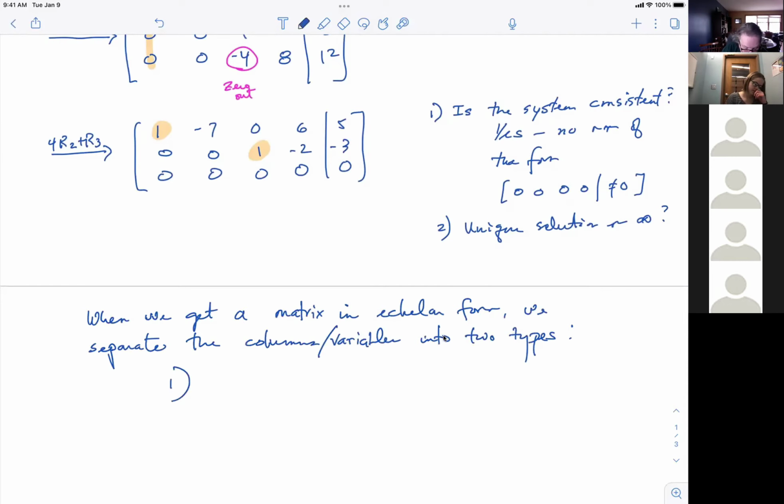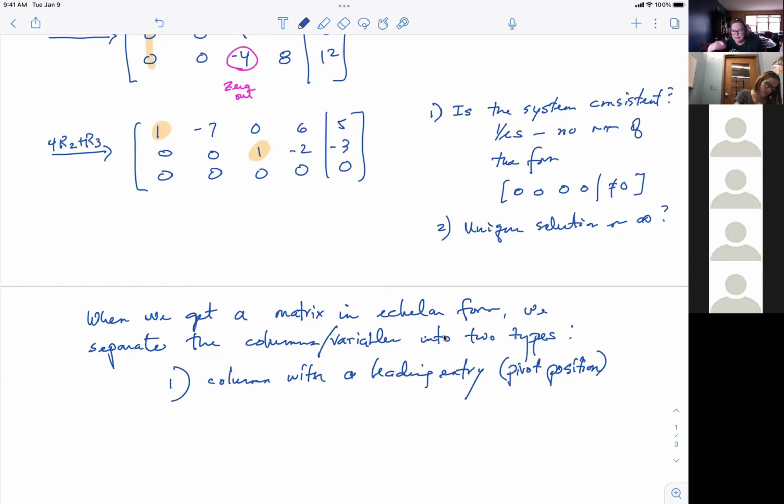Okay, so one type is a column with a leading entry. And this leading entry, we're going to call that a pivot position.